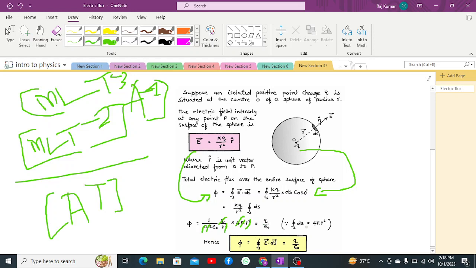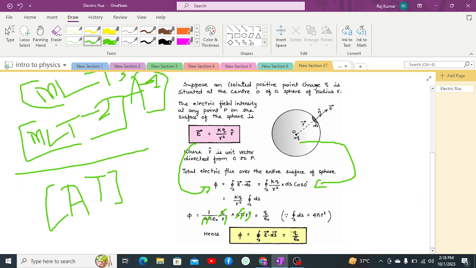This shows that the electric flux in an enclosed shape is 1 upon epsilon naught times the charge present in that closed shape.